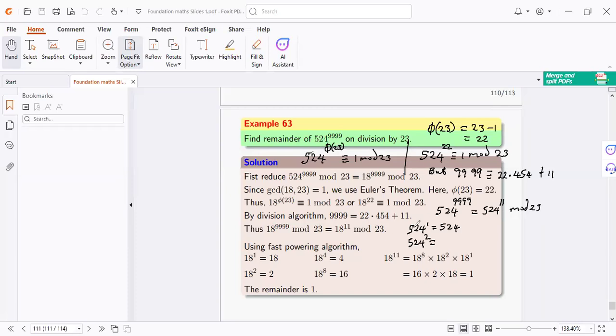Just a minute. Let me use my calculator. So let me again divide by 23. My calculator is not responding. Anybody who is using a calculator can move from there.